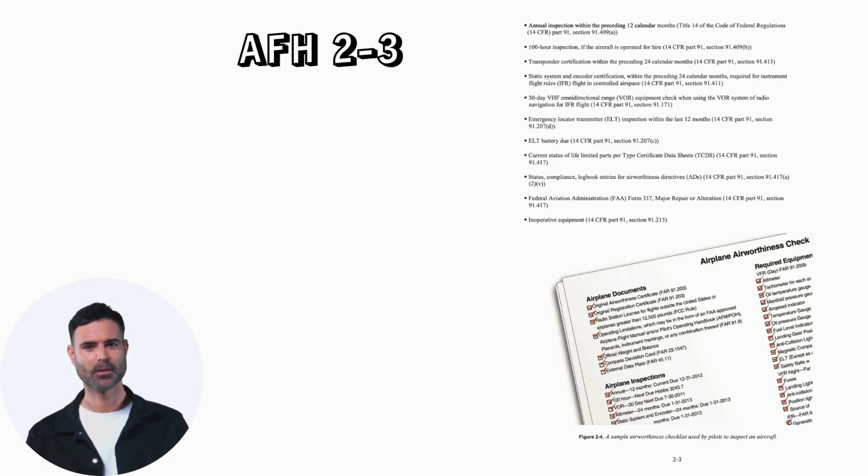Current status of life-limited parts per type certificate data sheets (TCDS), 14 CFR Part 91, Section 91.417. Status, compliance, and logbook entries for airworthiness directives (ADs), 14 CFR Part 91, Section 91.417(a)(2)(v). Federal Aviation Administration (FAA) Form 337, Major Repair or Alteration, 14 CFR Part 91, Section 91.417. Inoperative equipment, 14 CFR Part 91, Section 91.213.